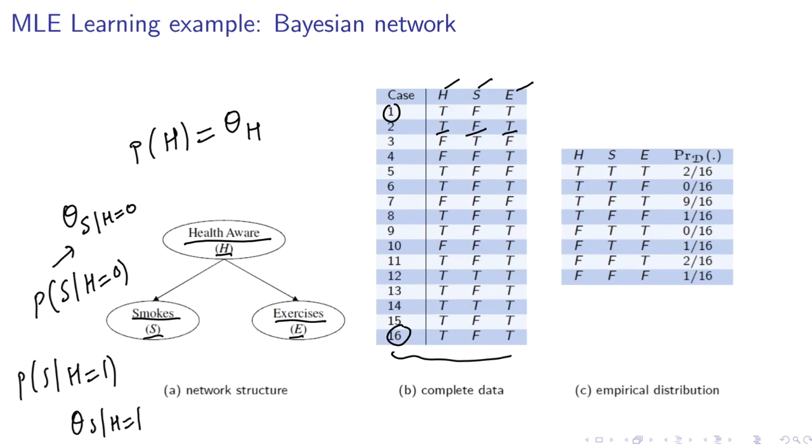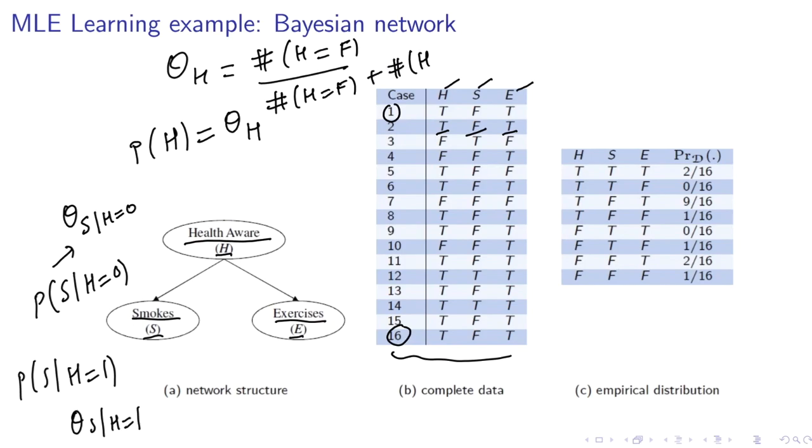Okay, so what is theta of h? Theta of h is equal to the number of times h is equal to false divided by the number of times h is equal to false plus the number of times h is equal to true.